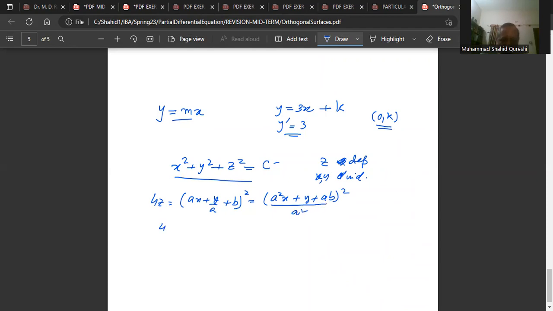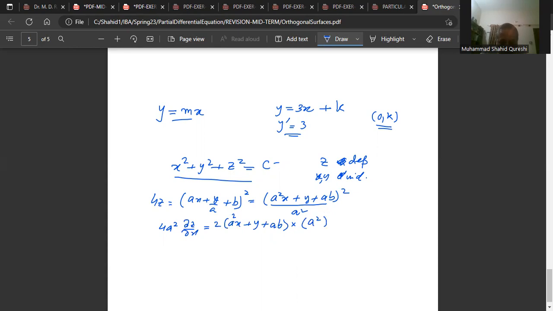So I can write 4a square and take the derivative, ∂z/∂x. So now I have to take the derivative of this: 2 times (a square x plus y plus ab), that is the derivative of the power, multiplied by the derivative of the function inside. So that is only a square.